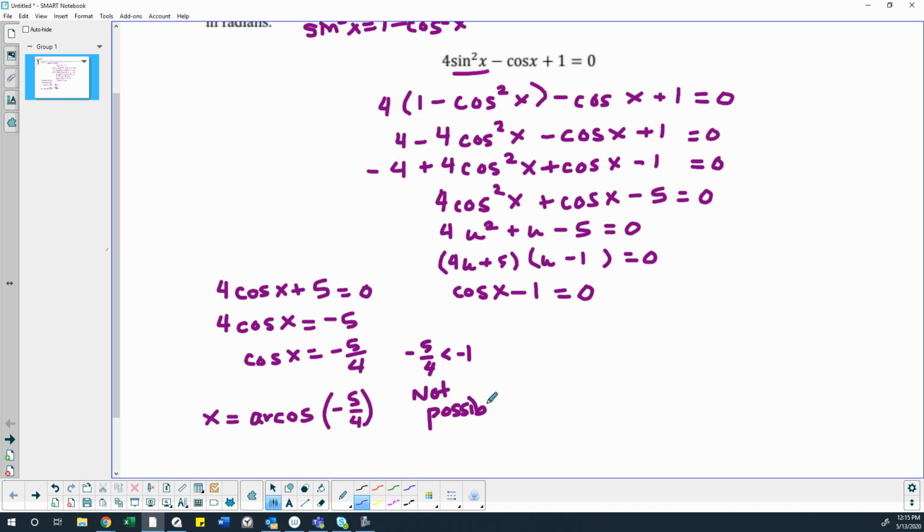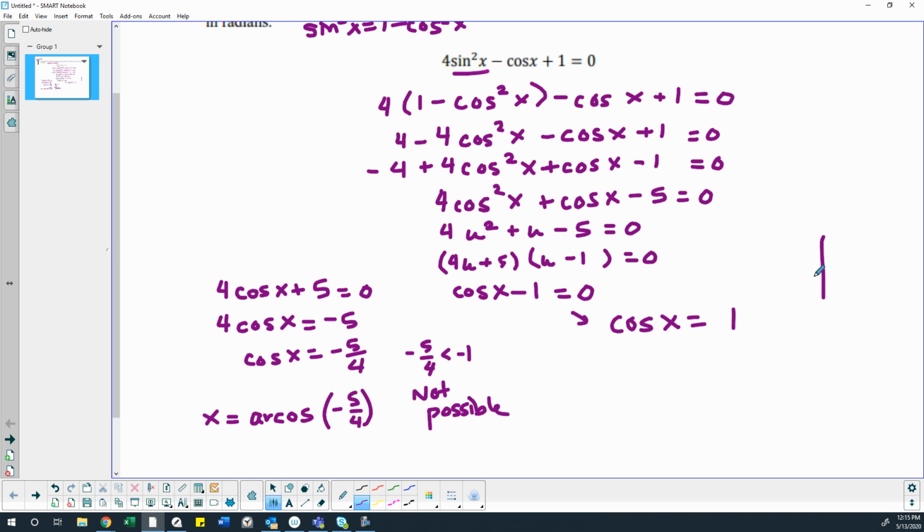Does that sound right? Because if I were to put this in a calculator to get a decimal answer, which I don't want because I want exact answers, but if I let the calculator at least check it for me, it should give me undefined or something. Like, it shouldn't work. So this one, however, will be cosine x equals 1.